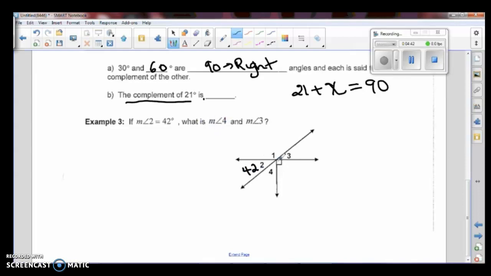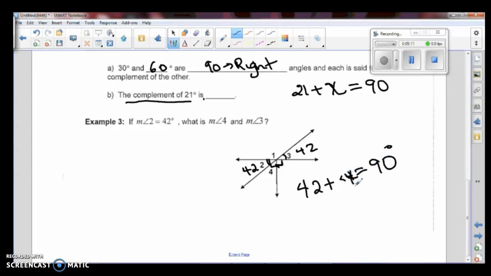Okay, angle 2 equals 42. And angle 3, well, you may notice that these are vertical angles, so they have to be congruent, they have to be the same. Now, 42 plus 4 plus angle 4 equals 90.